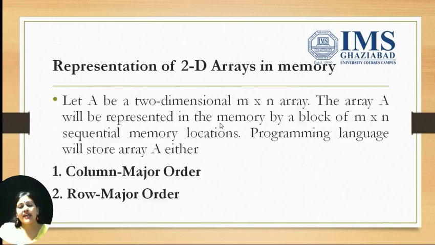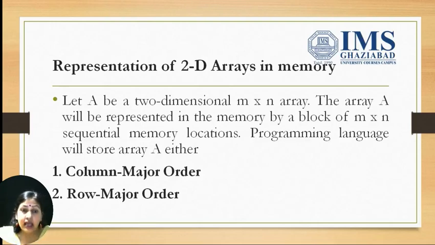Now, as we know, our array is two-dimensional, but the memory in which this array is stored is linear. So how can we represent a 2D array in a linear or one-dimensional memory? We use two concepts: column major order and row major order.